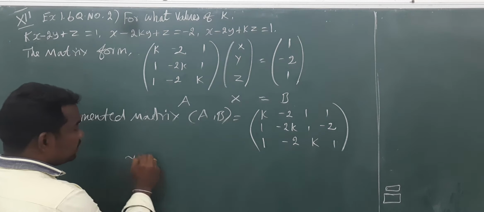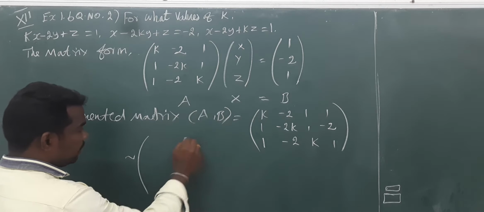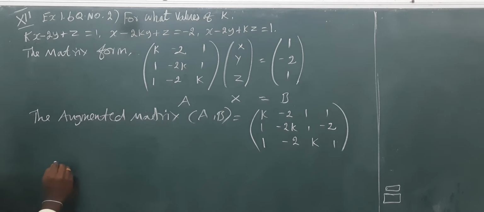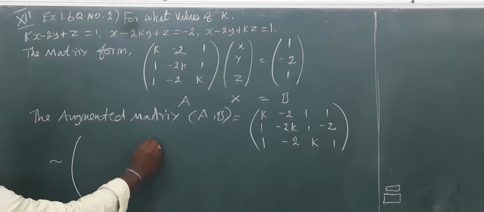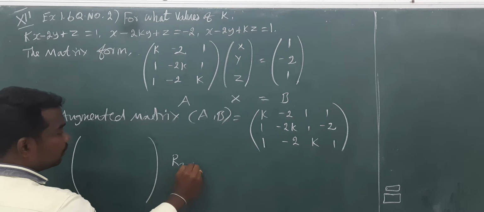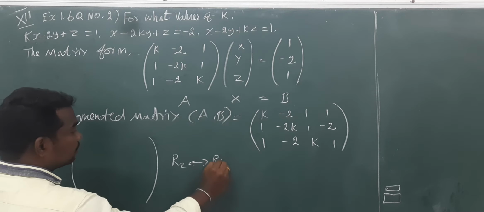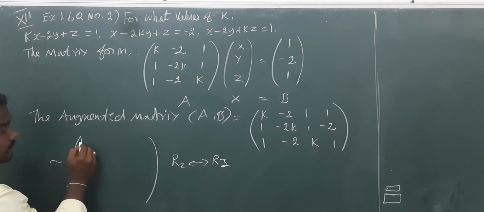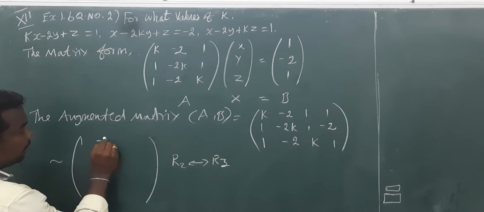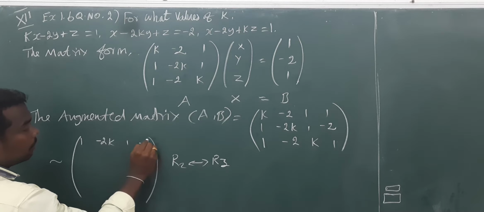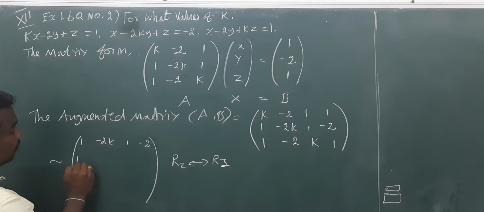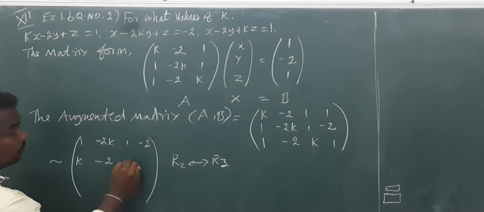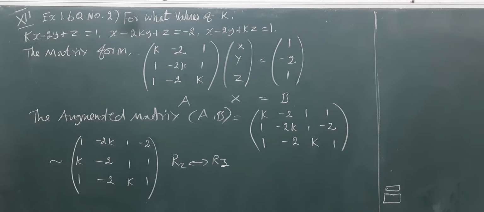So I denote R2 exchange R3. Write the first row 1, minus 2k, 1, 1, minus 2, then second row k, minus 2, 1 and 1, 1, minus 2, k, 1. So that is the second step finished.